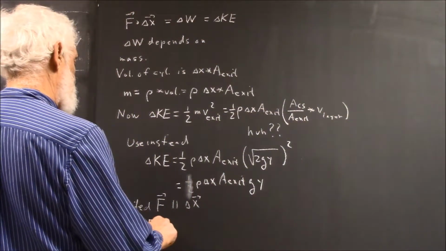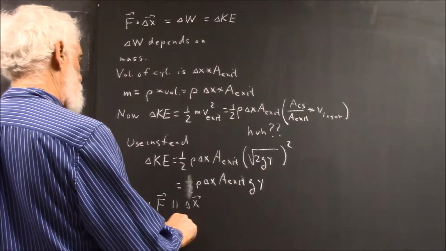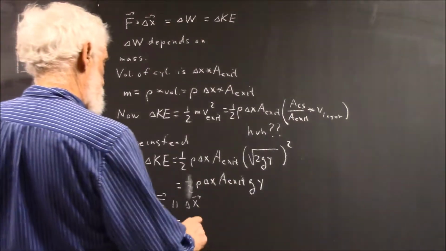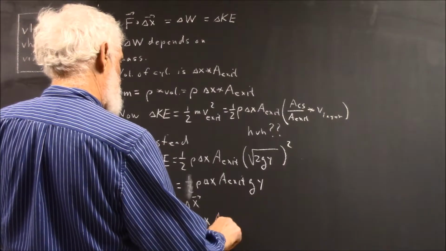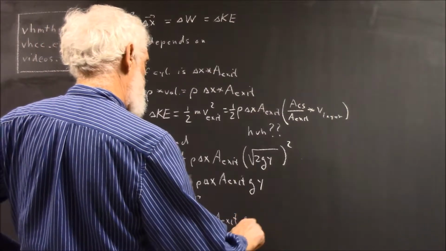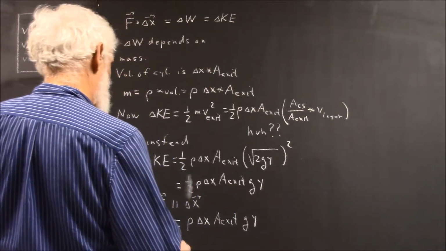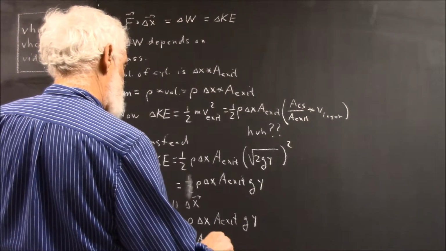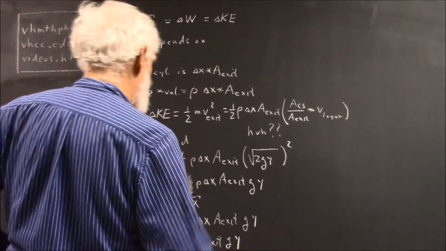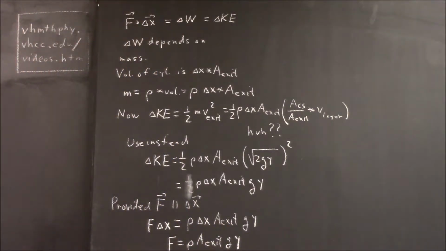And we haven't necessarily established that, but we have F delta x equal to rho delta x A exit gy, so that F equals rho A exit gy. Okay?